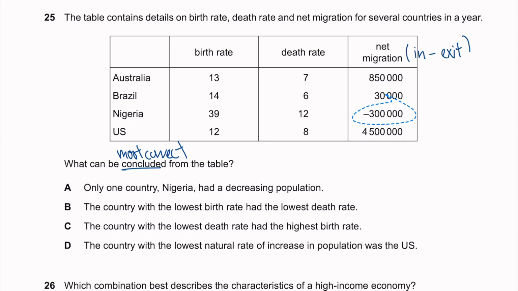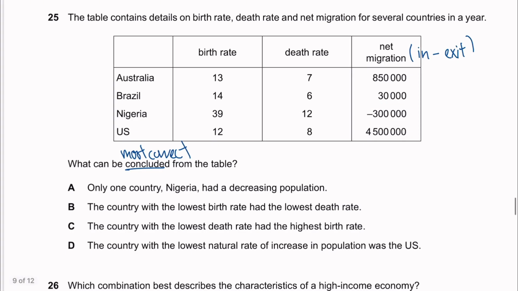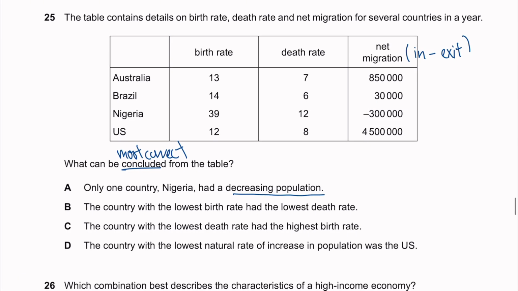But the thing is, for a decreasing population, you need a comparison with the previous year. But we're not given the data of previous years, so we cannot compare. This is not relevant.